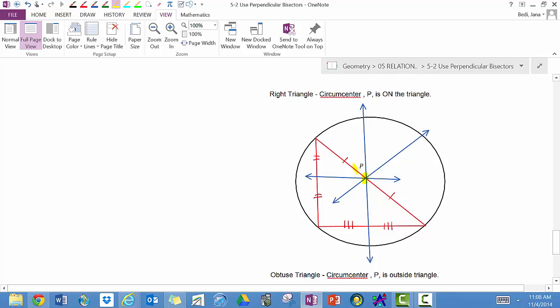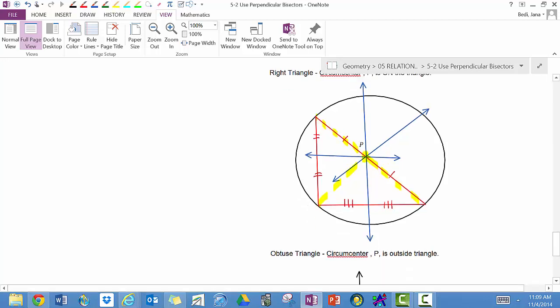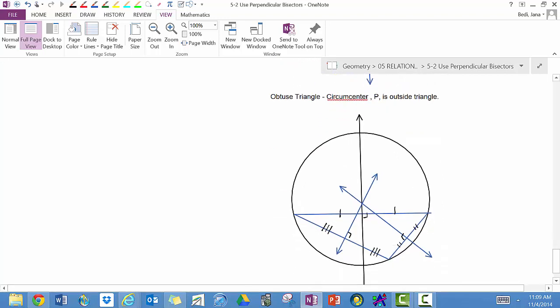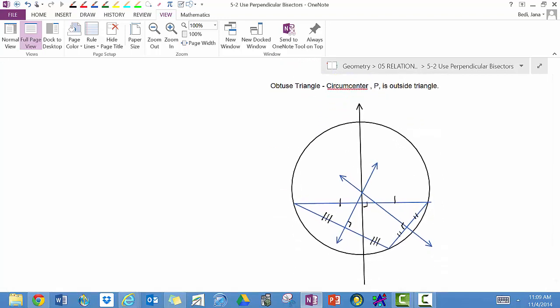The radius will be these dashed segments starting at P. In an obtuse triangle, the circumcenter, the point P, which is the point of intersection of the perpendicular bisectors, will lie outside the triangle.